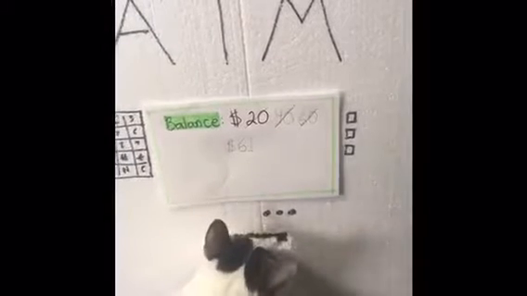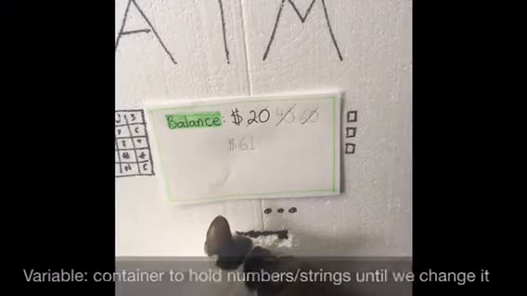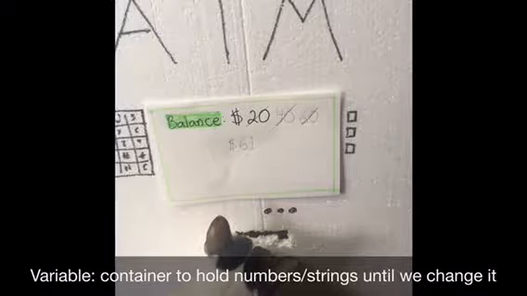So our first vocabulary word, variable, is like a container. It's a memory location that takes a number and will hold on to it so we can use it later, but we can also update it.